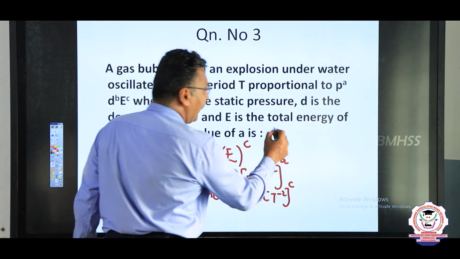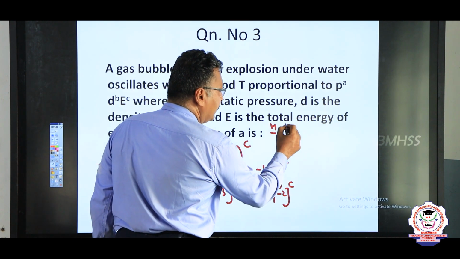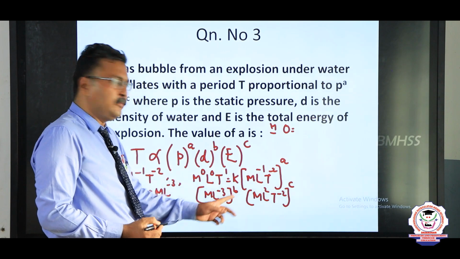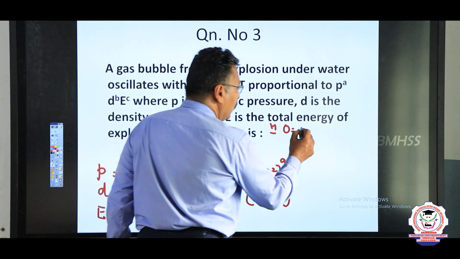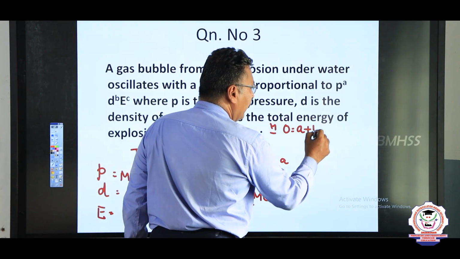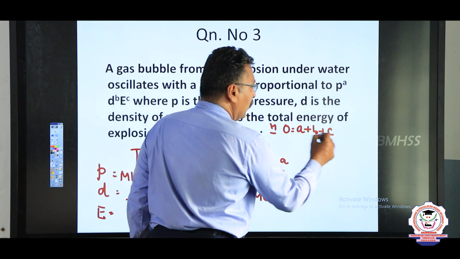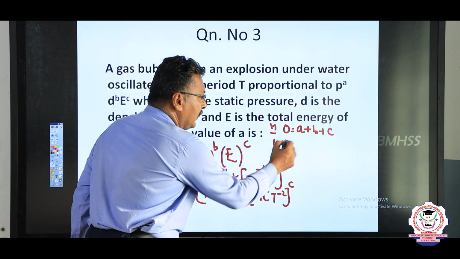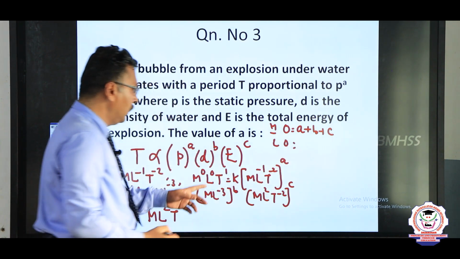Let us equate for M. If we equate for M, 0 is equal to, first equation would be what? a plus b plus c is equal to 0. What is the second equation for L? For L, 0 is equal to, what do we get?